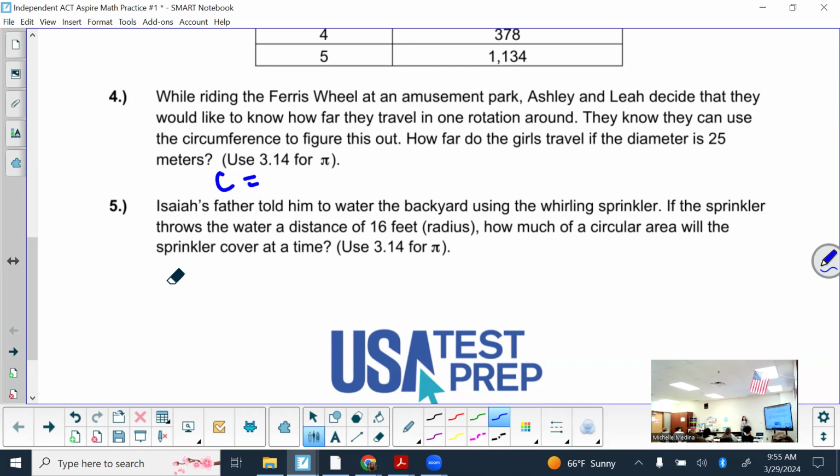Google is a great tool, but you can't Google in the middle of the state test, the ACT Aspire. The formula for circumference is 2 pi r. So write that down.